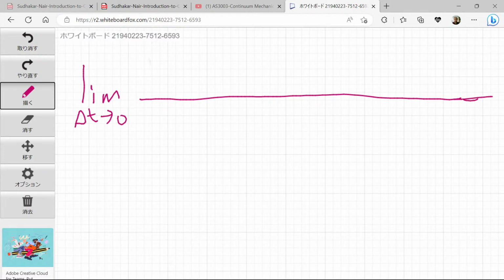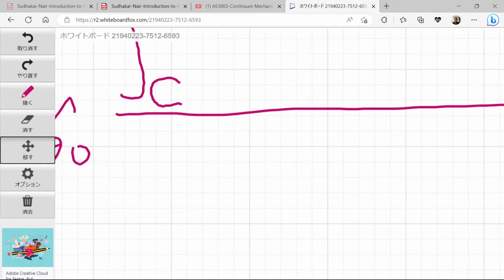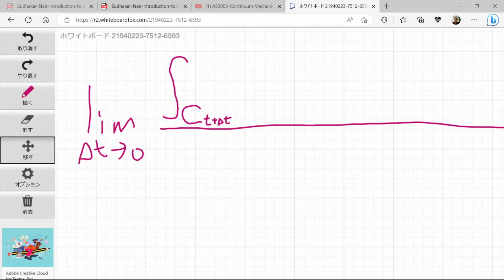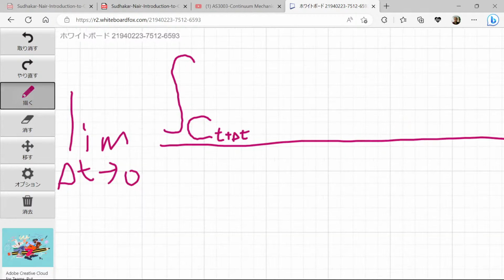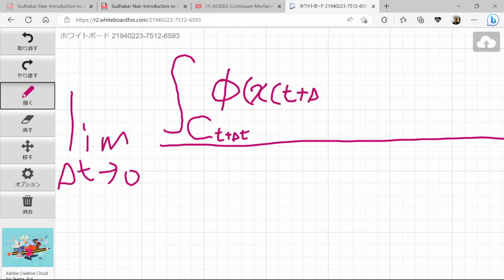Then you have integration along path C, but this C is at time t plus delta t. Everything is at t plus delta t: phi, and x, which is a function of t, but you have delta t here.